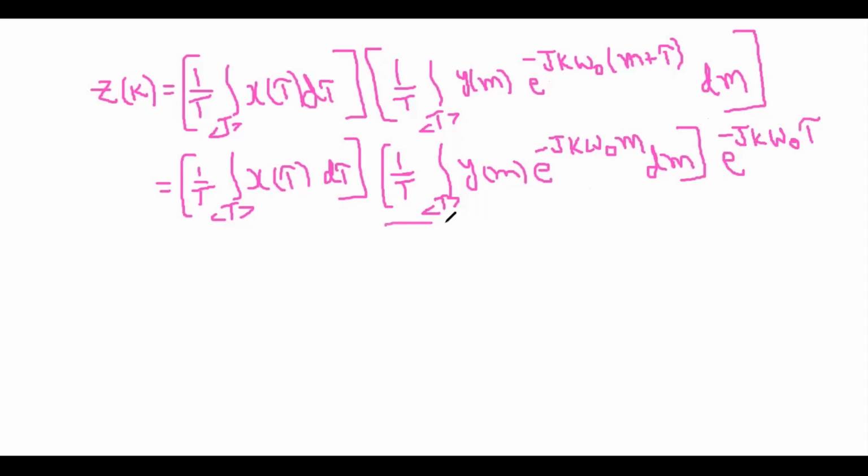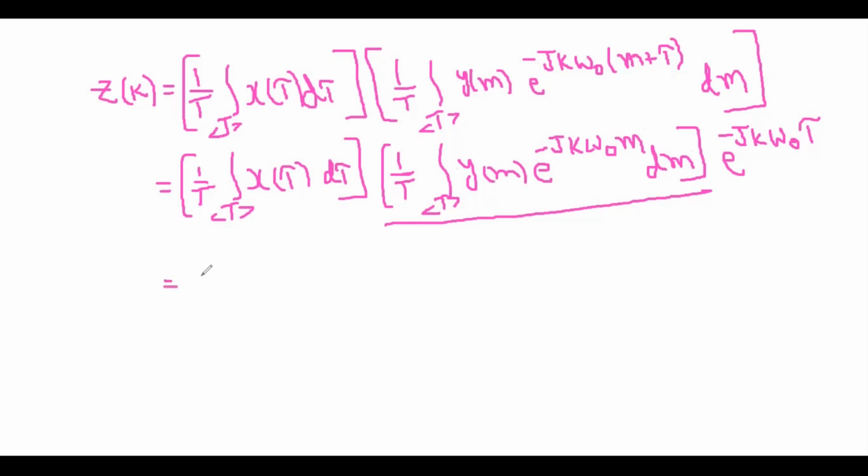See, this whole function is similar to the analysis equation. What we have, x of k is equal to 1 by T, integral over T, x of t e power minus jk omega naught t dt. Instead of t here, the m is there, and instead of x here it is y.